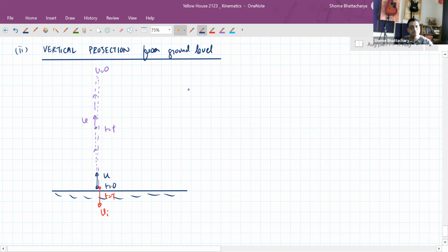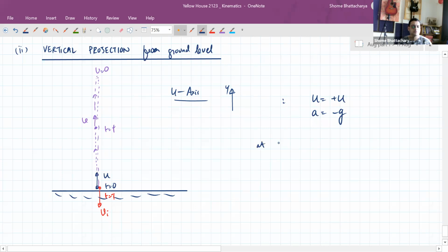Here we'll take our y-axis as upwards, because the initial displacement is happening in the upward direction. So we'll write the initial velocity with a positive sign, but we'll write the acceleration with a negative sign.